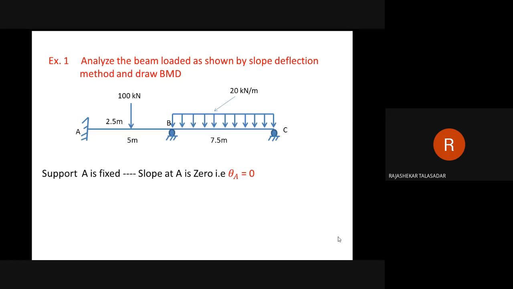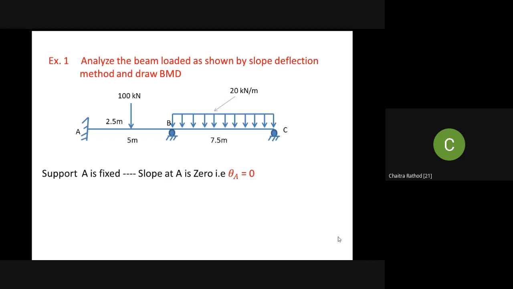Can you tell me now how many rotations are unknown here? 2, sir. Slope at B is there. Slope at C is also there. Yes, you need to find out now 2 unknowns, that is slope at B and slope at C.